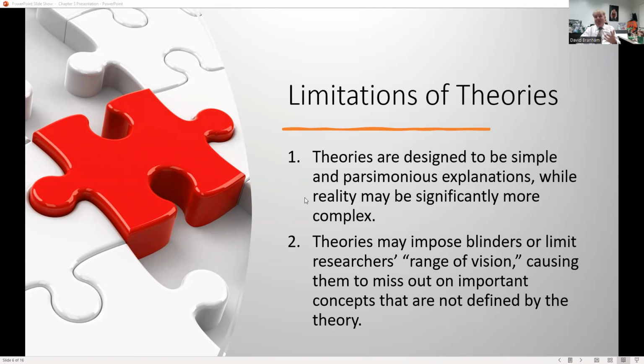Sometimes things aren't simple. Sometimes things are a lot more complex than theories allow us to see. So this is part of the limitation of theories, but theory can help us, initially by setting agendas, allowing us to see something that's complex in a simple manner, somewhat exploratory in nature, like the exploratory research that we talked about in an earlier chapter.